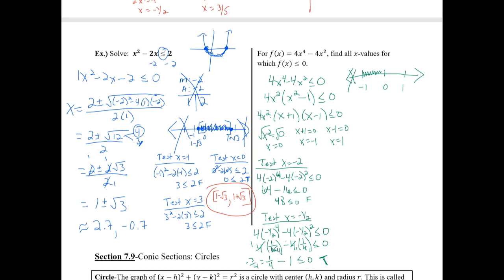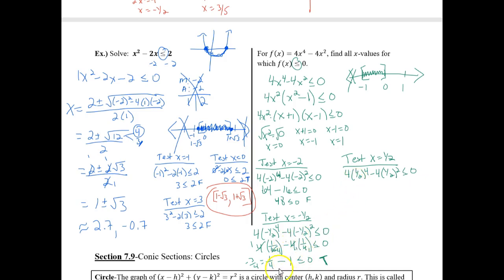All of this will be part of my solution set, and because I have the equal to bar, I will go ahead and include those in my solution. Then I have to test something between 0 and 1. How about we do the positive? So x equals 1/2. I'll end up with 4 times positive 1/2 to the 4th minus 4 times positive 1/2 squared. And guess what? I'm going to get the exact same values.